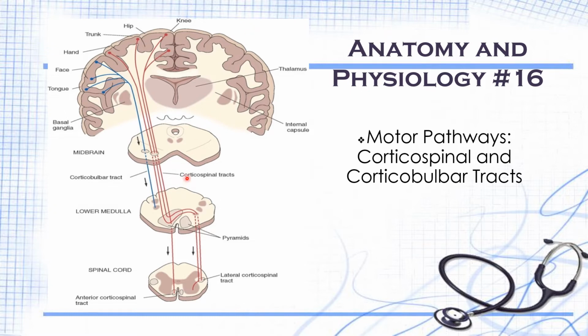In damage below the crossover, motor impairment occurs on the same, or ipsilateral, side of the body. The affected limb becomes weak or paralyzed, and skilled, complicated, or delicate movements are performed especially poorly when compared with large movements.